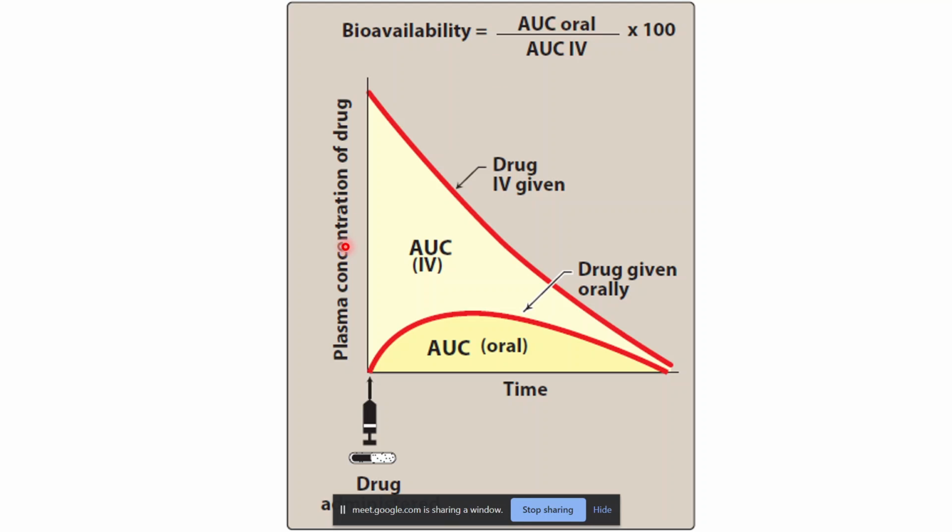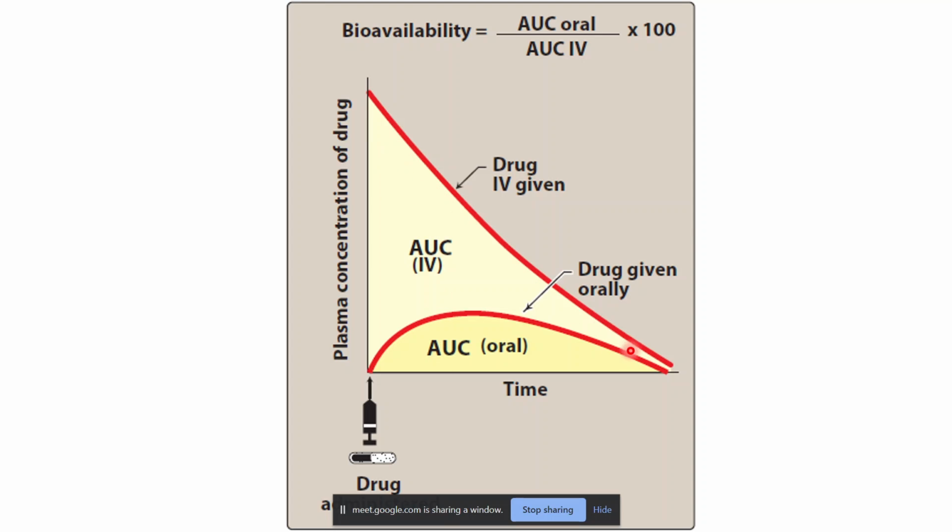Sorry, if we administer the drug orally and then measure the concentration under the curve, the concentration will increase and then slowly decrease. But when we administer intravenously, it will be high from the beginning and then will decrease fast.